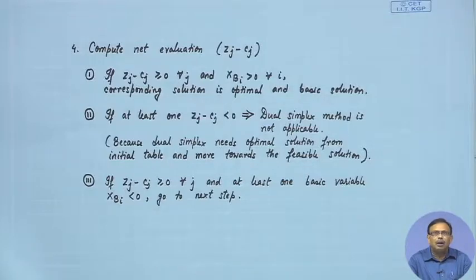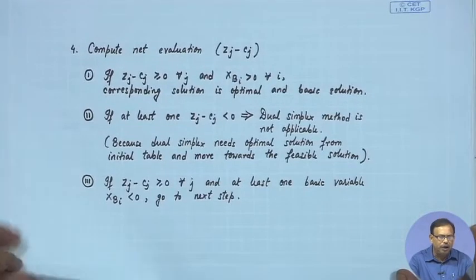Number 3, if z_j minus c_j is greater than or equal to 0 for all j, but at least one of the basic variables x_Bi is less than 0. That means the infeasibility has occurred, that is, all the decision variables are not satisfying the feasibility condition. For that reason, we say x_B is less than 0, then follow the next step.